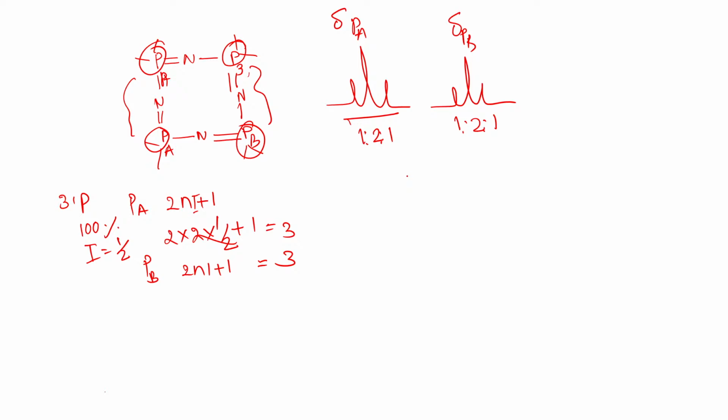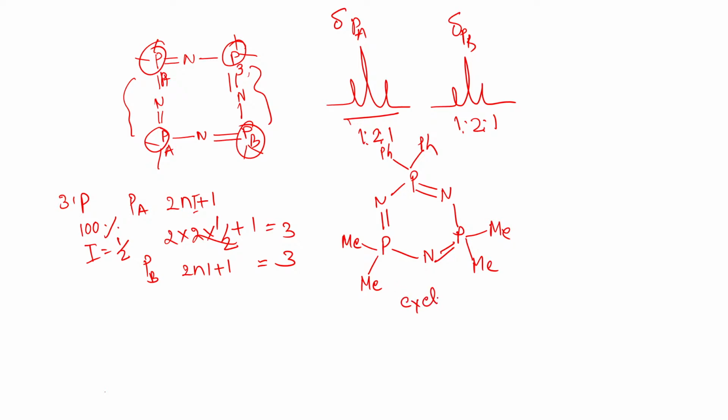Let me write cyclotriphosphazine. If you look at this example, we have 3 phosphorus atoms, and this is called cyclotriphosphazine.